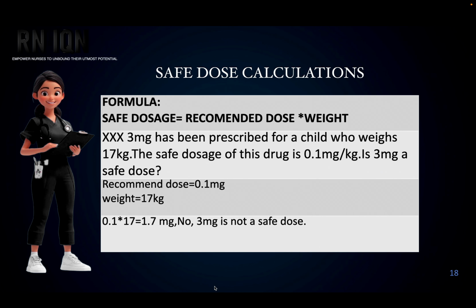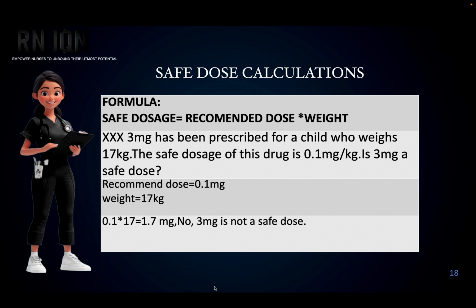Let's see another example. Here, a particular drug, 3 mg, has been prescribed for a child who weighs 17 kg. The safe dosage of this drug is 0.1 mg per kg. Is 3 mg a safe dose? Here, the recommended dosage of that particular drug is 0.1 mg per kg, and the weight of the patient is 17 kg. So, how to calculate the safe dosage? Just plug into that formula.